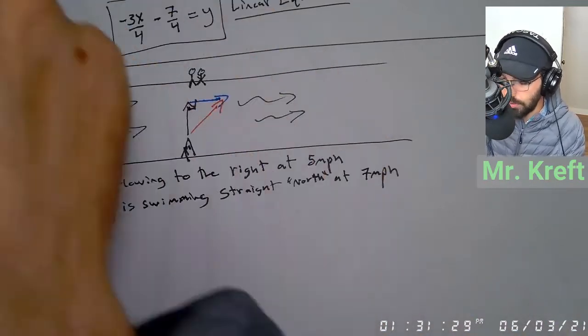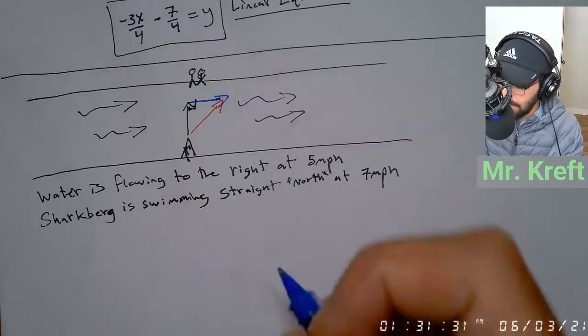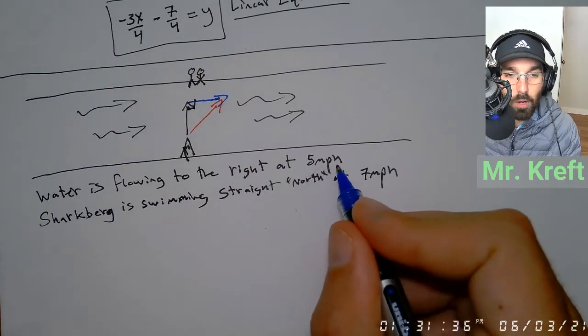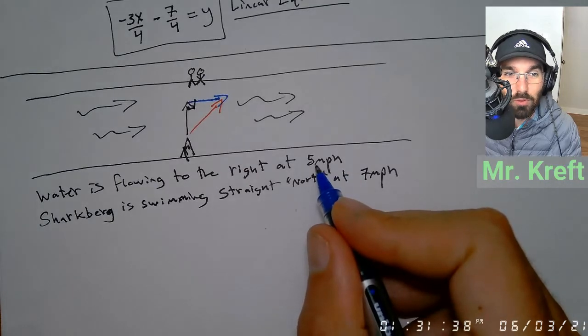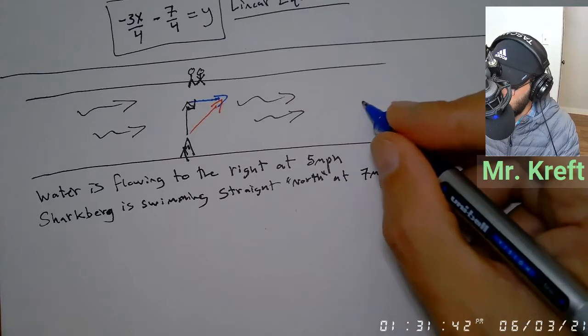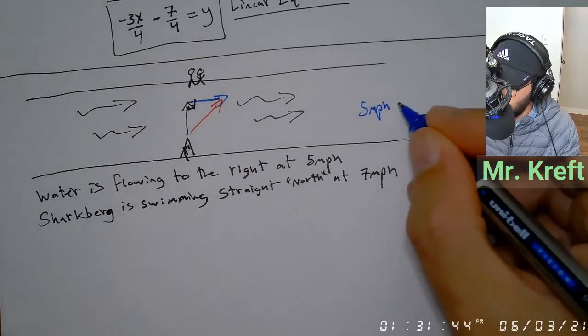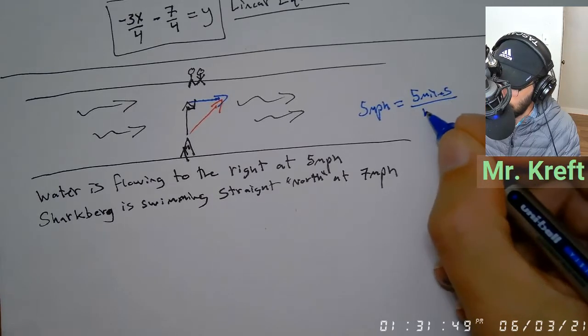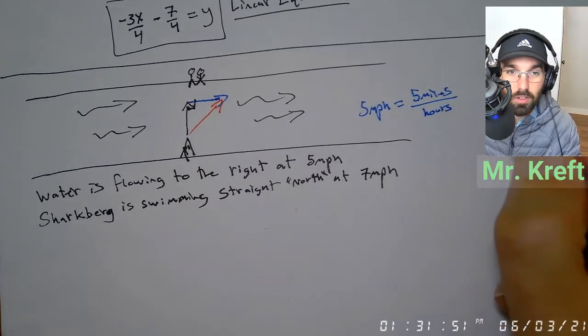To do this, we have to have a little bit of understanding of units, right? So remember when we say 5 miles per hour, what we're really saying is 5 miles over hours.